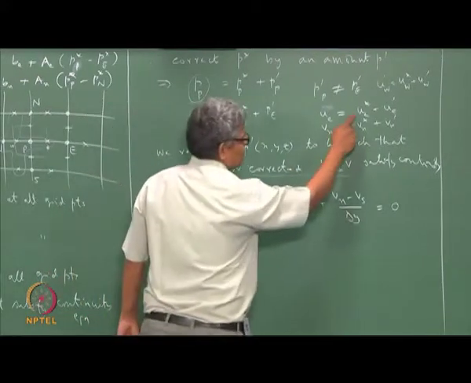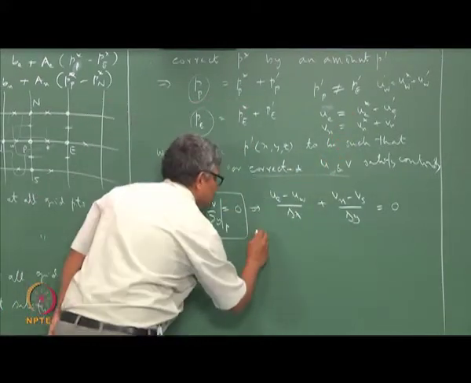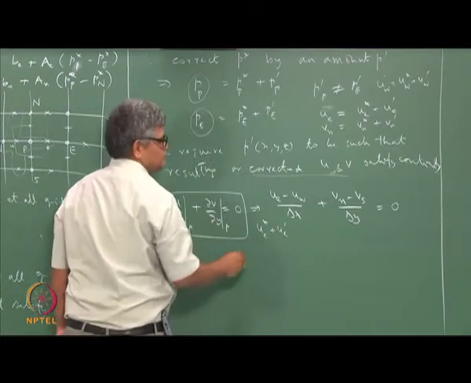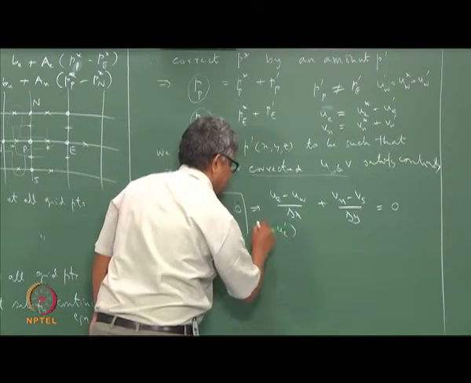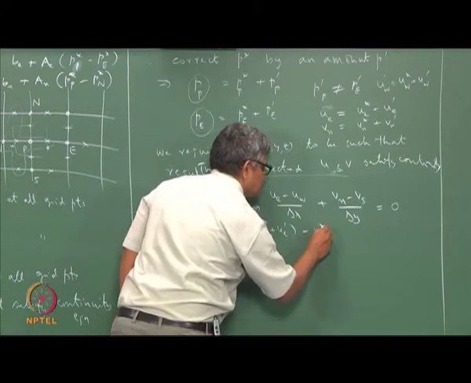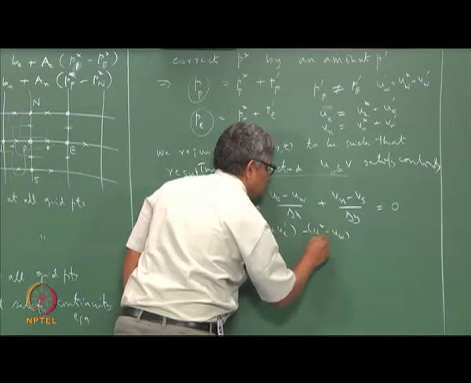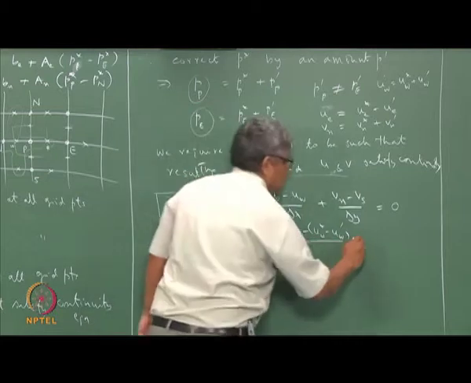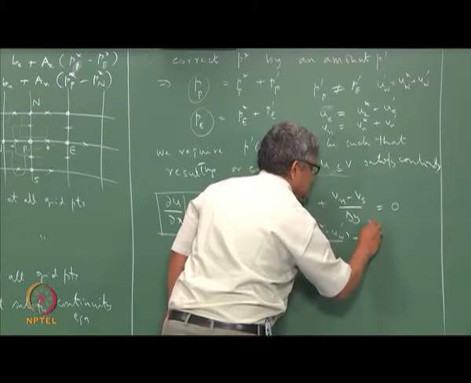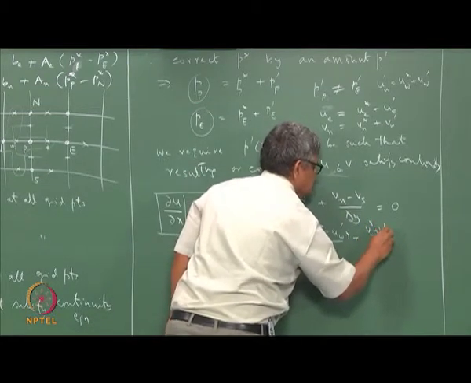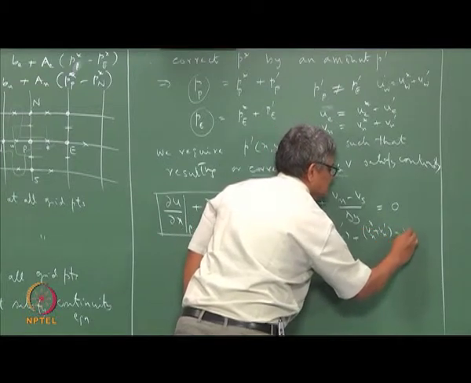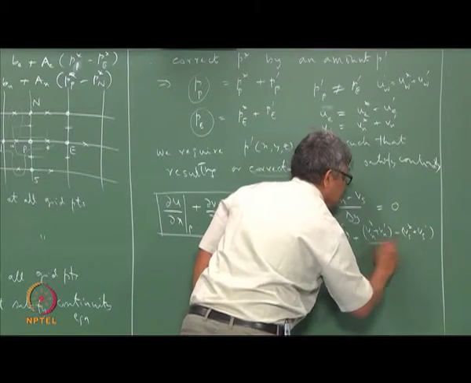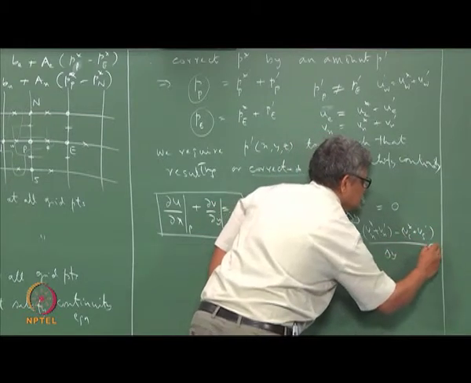So we can substitute this expression here, and then we can write this as ue star plus ue prime minus uw star minus uw prime, divided by delta x, plus vn star plus vn prime minus vs star plus vs prime, by delta y, is equal to 0.